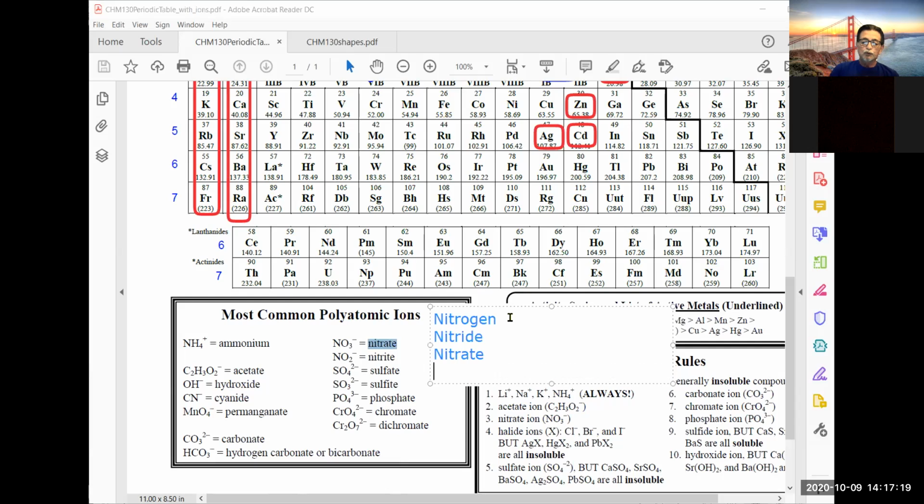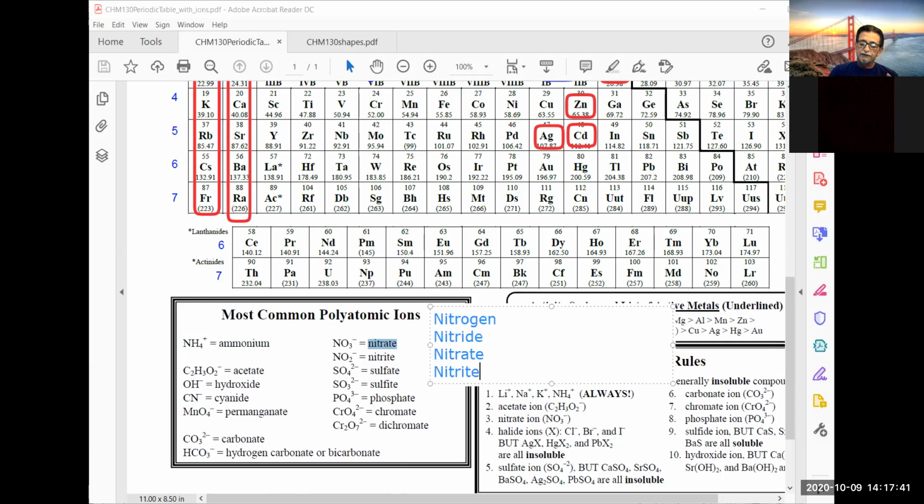Now, that's with 3 oxygens bonded to the nitrogen, but if there's only 2, we have an additional one, which we call nitrite. Okay? And so the naming of the anions, specifically with nitrogen, tells you, if you have the name, which one you're working with.